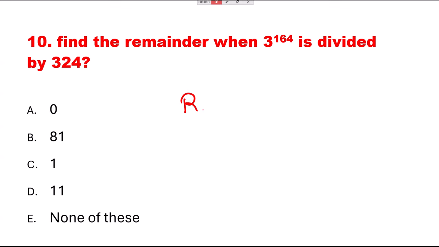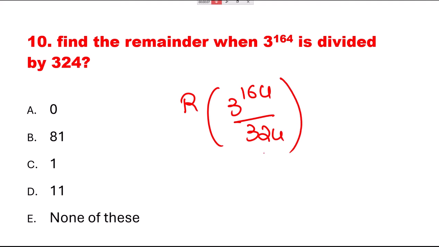To solve: the remainder when 3 power 164 is divided by 324. Okay, fine. There are multiple logics. One is the cyclicity process, where we have to continue until the same remainder repeats.